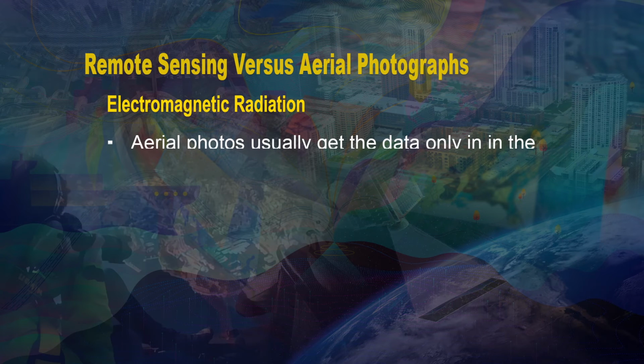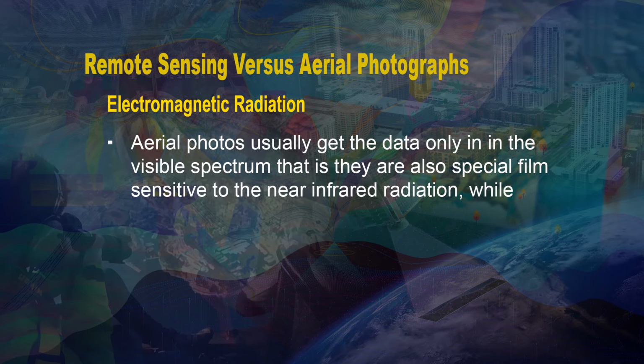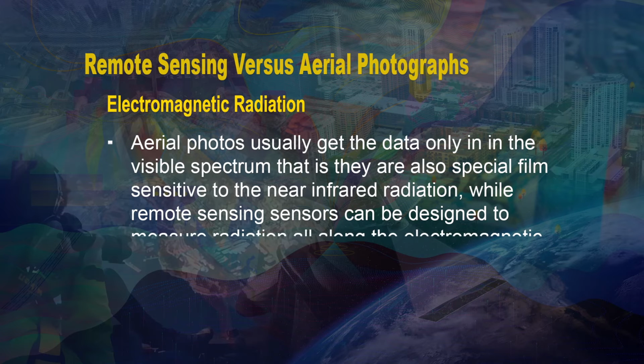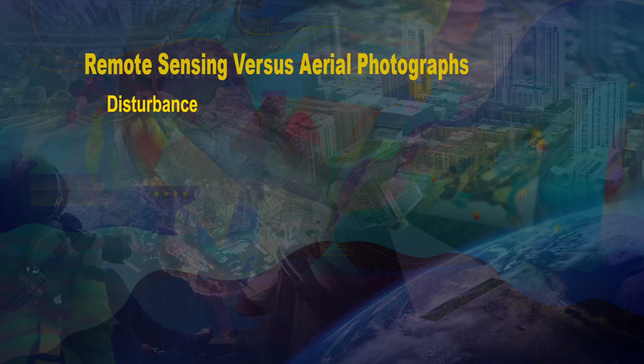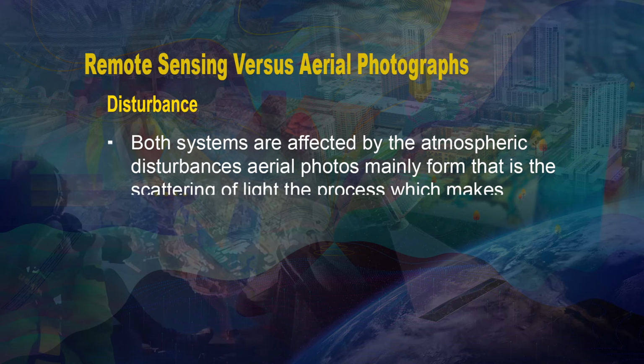Electromagnetic radiation. Aerial photos usually get the data only in the visible spectrum, though there is also special film sensitive to the near infrared radiation, while remote sensing sensors can be designed to measure radiation all along the electromagnetic spectrum. Disturbance. Both systems are affected by atmospheric disturbances.